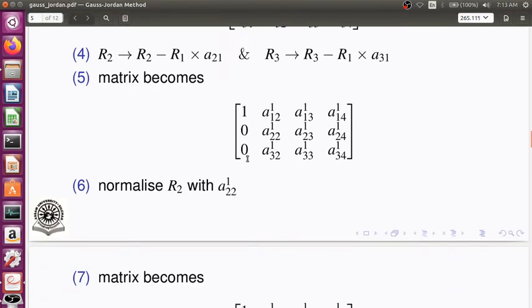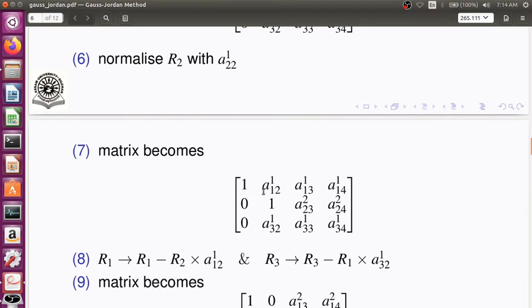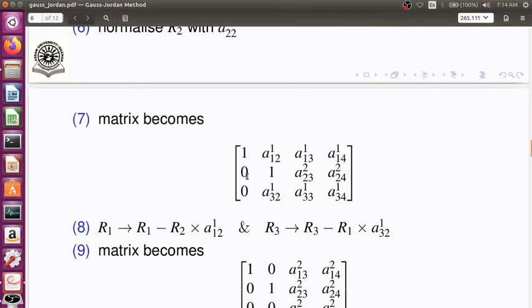After that we have to make A22 equal to 1. So we normalize row 2 with A221. Then my matrix will become 1, A121, A131, A141, which will remain as it is, and 0, A321, A331, A341, which will remain as it is, but row 2 will change to 0, 1, A232 and A242.